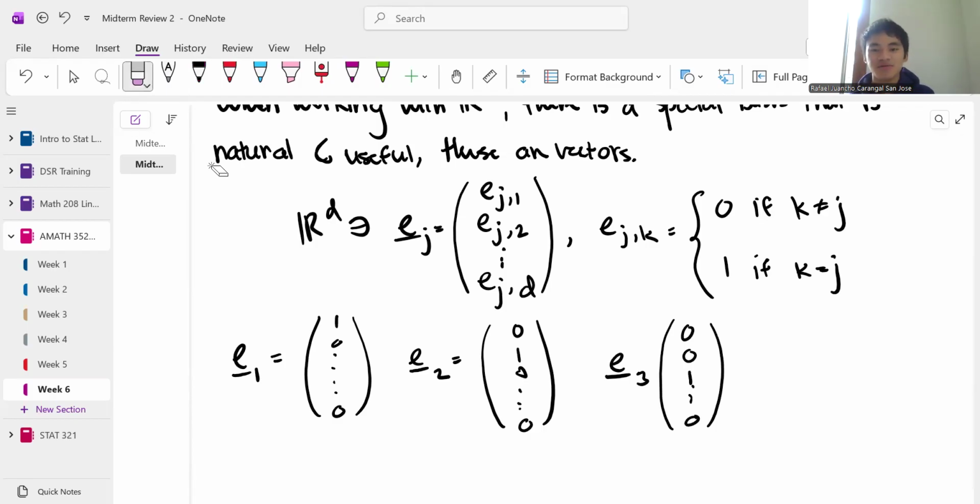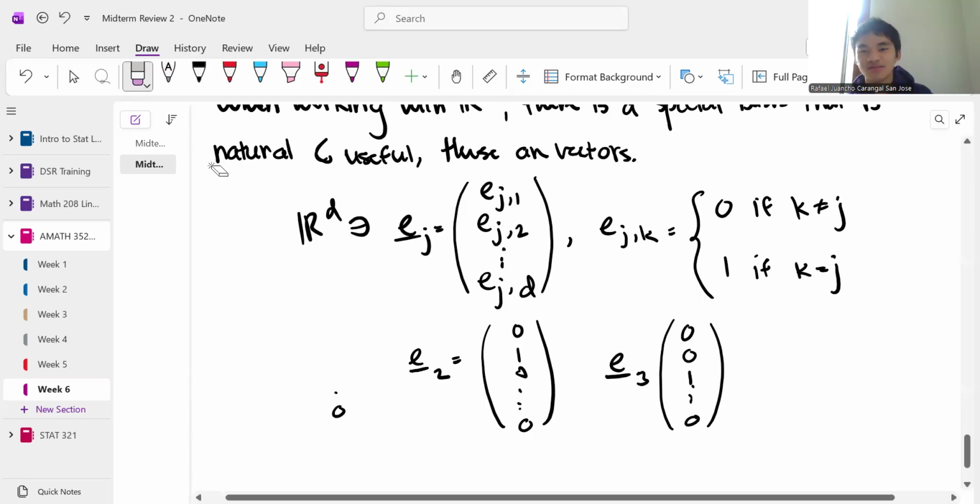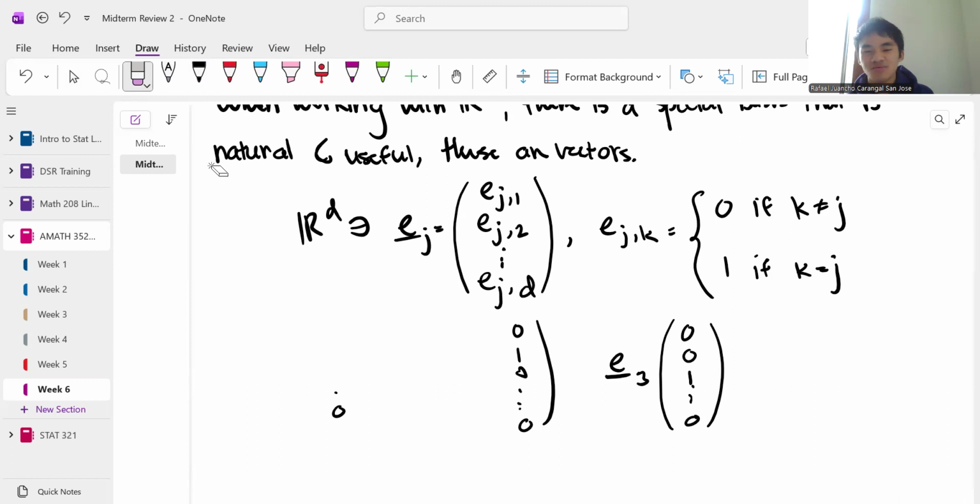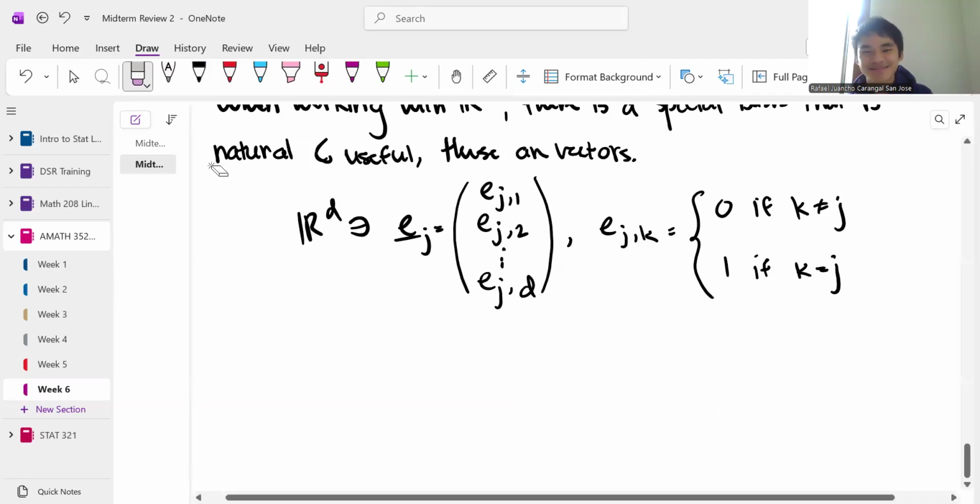So it's basically the third position that's a 1 for e sub 3, the second position for e sub 2, and the first position for e sub 1. So here it's when j is equal to k, if we're being mathematically precise. We're just doing indices here, but that's the idea.